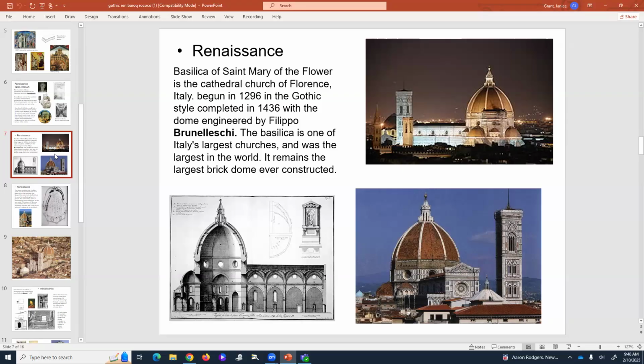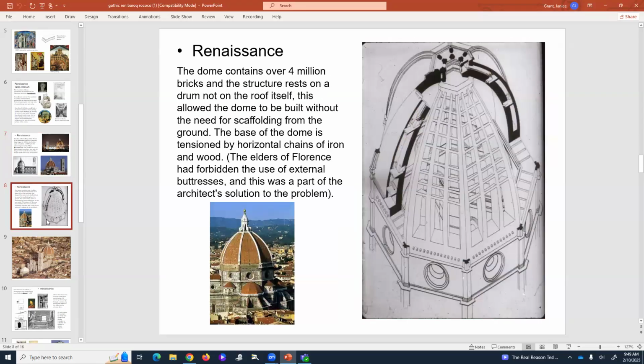It's one of the largest churches and was the largest in the world. It remains to be the largest brick dome ever constructed. And the uniqueness about this dome is that it has these multiple layers.